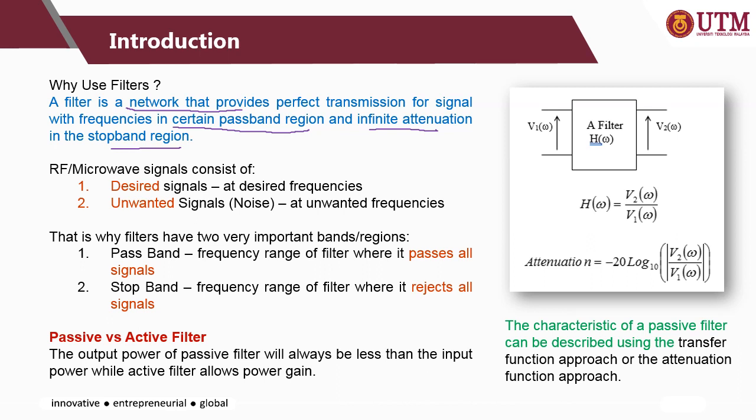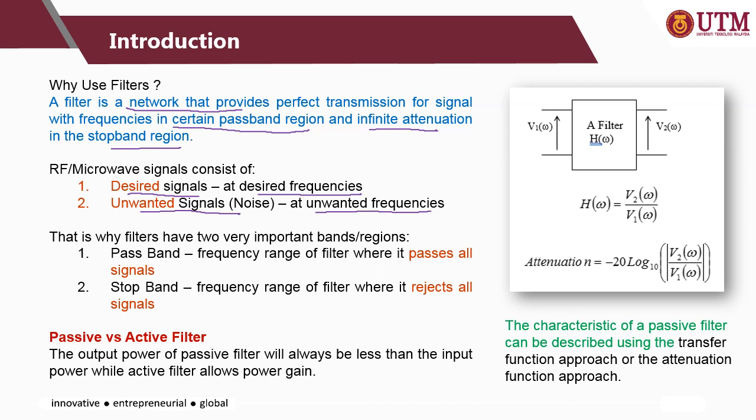So for an RF microwave signal, basically it consists of the desired signals and also the noise or unwanted signals. The desired signal usually lies within the specified frequency bands, while the noise or unwanted signal lies outside of the desired frequency bands.